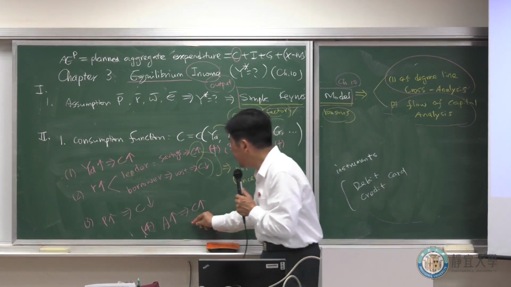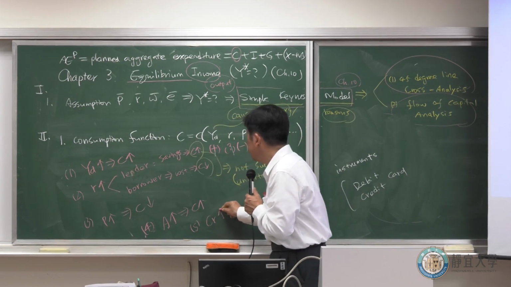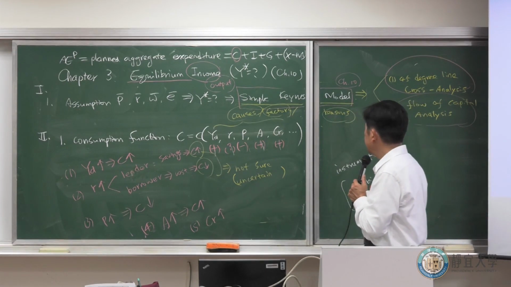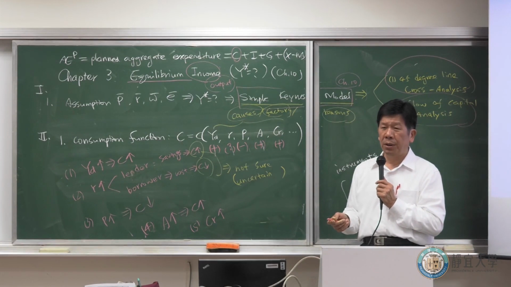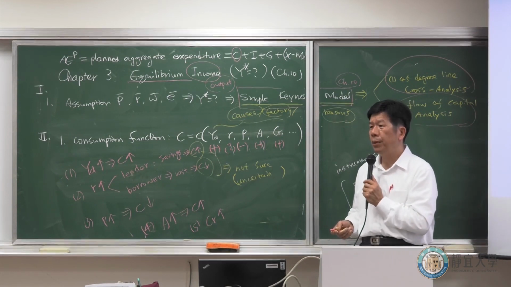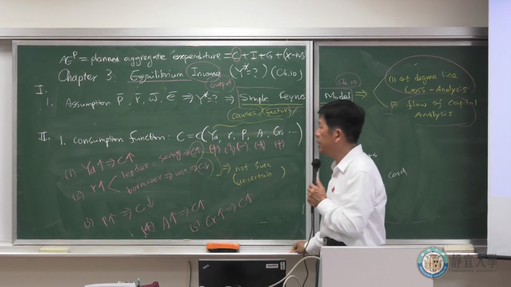And the fifth, if the available consumption instruments increase, you cannot only depend on cash, so the consumption also increases.